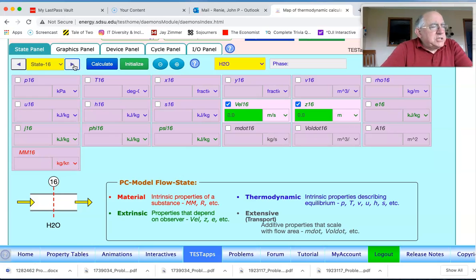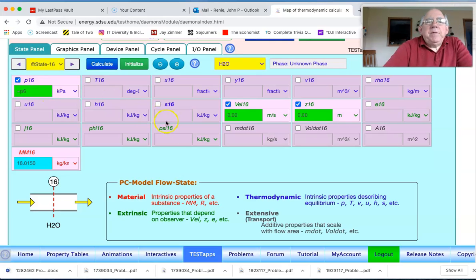Now we're ready for state 16. And what we know about state 16 is that we have a pressure that is the same as pressure 6. Our m dot is the same as the m dot that we developed for 6. And we have to do the same thing now for the enthalpy.